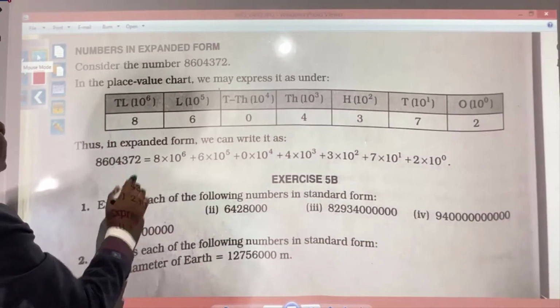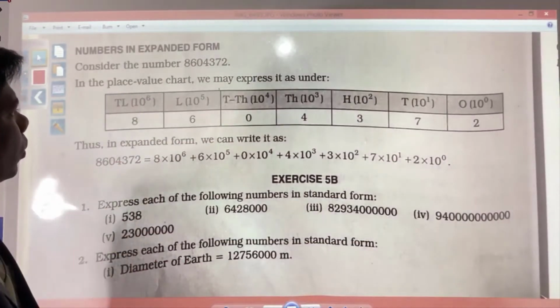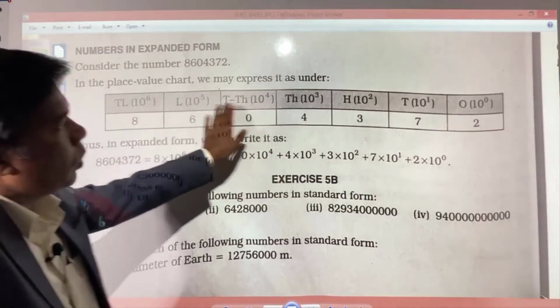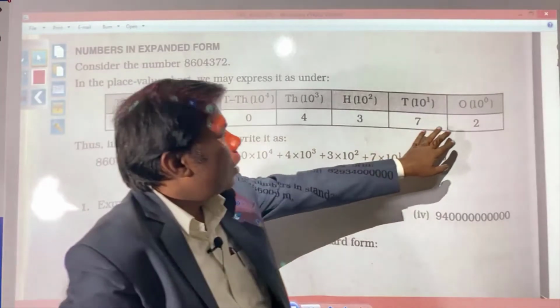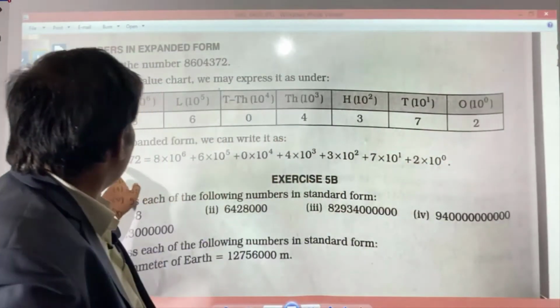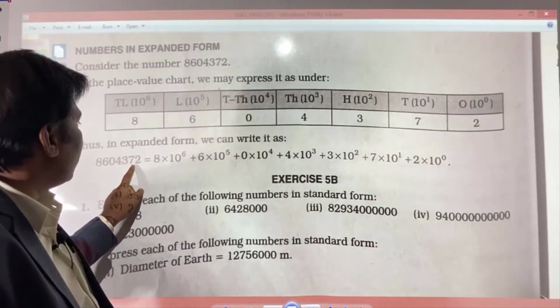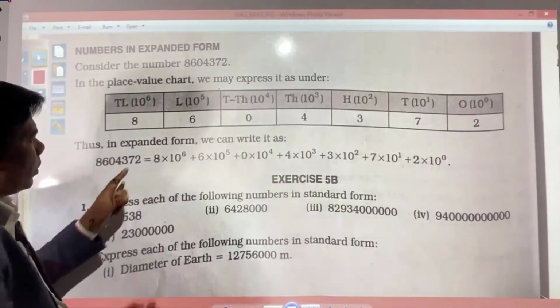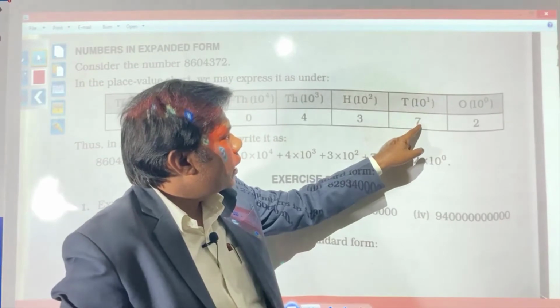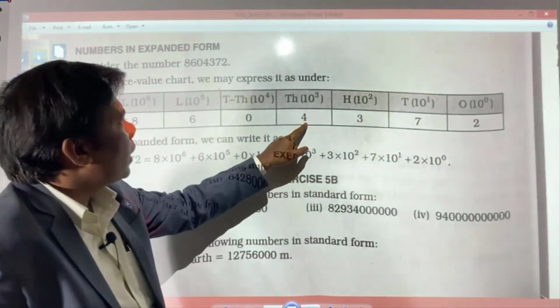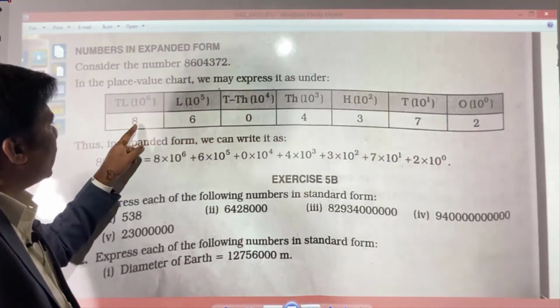Then you have numbers in expanded form. When we expand the numbers, how is it to be written? This you know: the place value chart is there. Suppose your number is 86043872. This is the one's digit, number 2, then tens, hundreds, thousand, 10,000, lakh and 10 lakh.